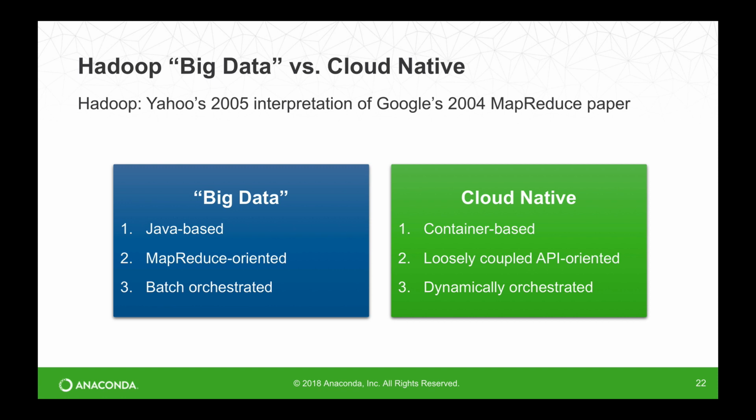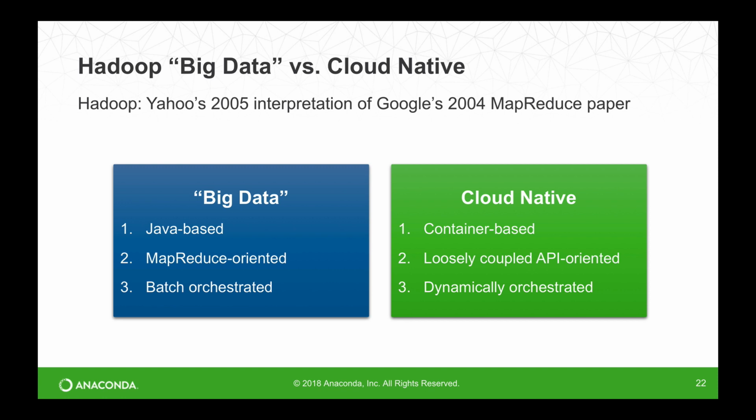So Hadoop came out of a paper that Google wrote in 2004 called MapReduce. So Jeff Dean and others at Google were using MapReduce, this algorithmic approach, to do distributed processing to compute the search graph of Google. So Yahoo, having a very similar problem with Yahoo Search, implemented their own version of MapReduce, and that became the core of Hadoop, right?